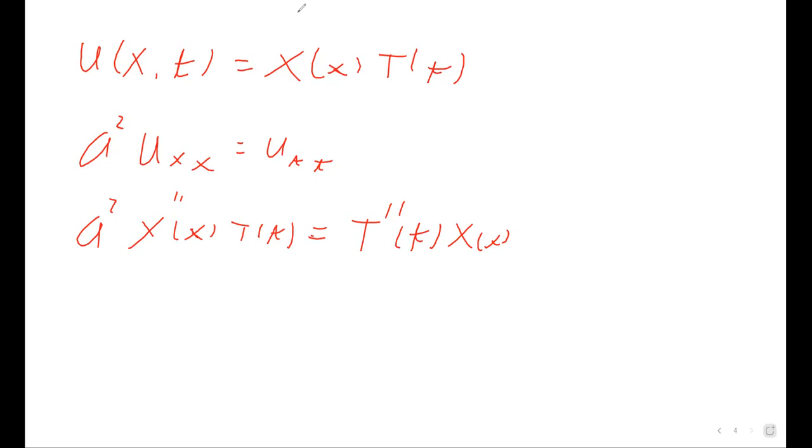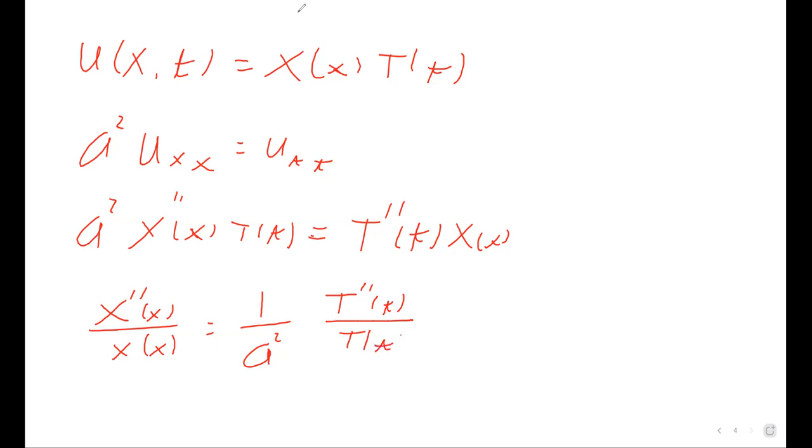So now whenever we group things together and make it separable, this whole thing is going to equal some negative lambda.